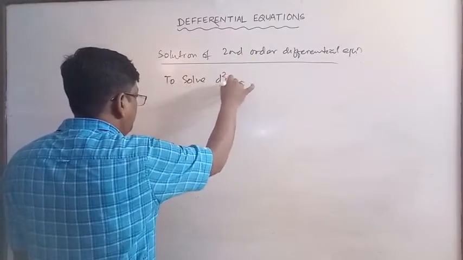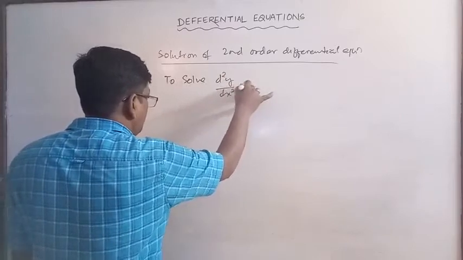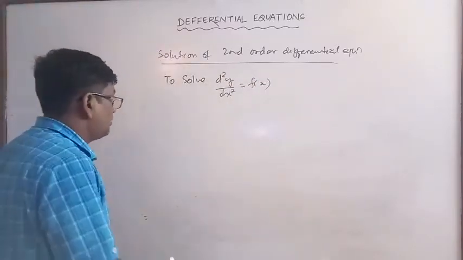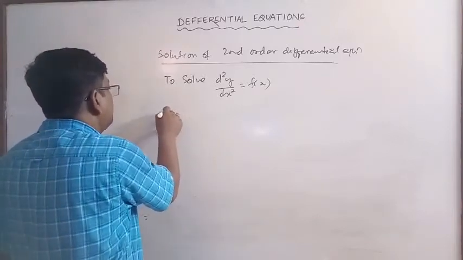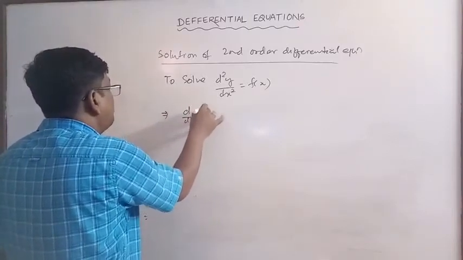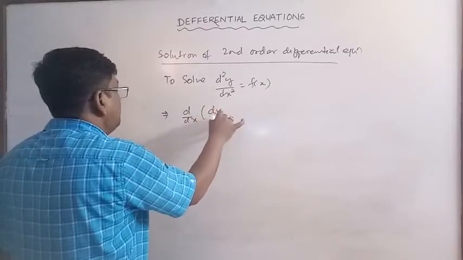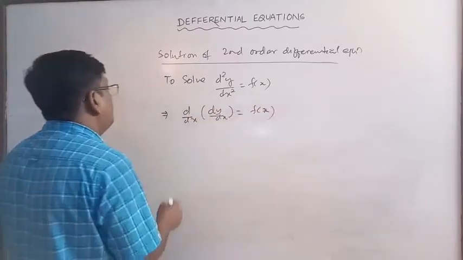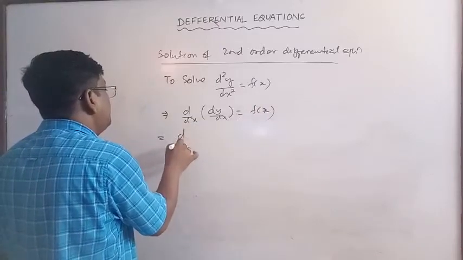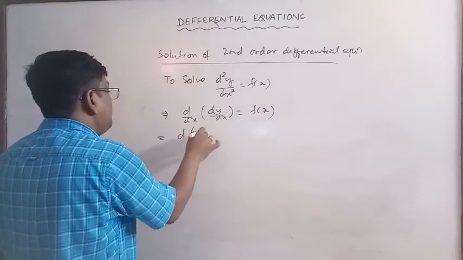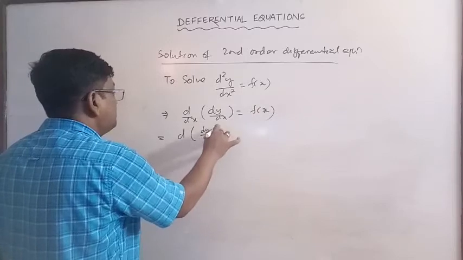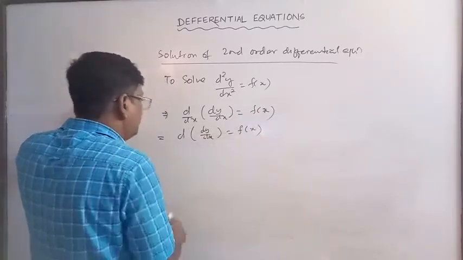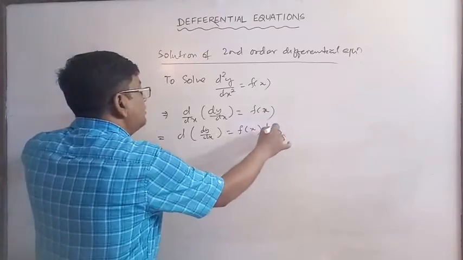To solve d square y by dx square is equal to f of x, the procedure is what we can write: d by dx of dy by dx is equal to f of x, or d of dy by dx is equal to f of x dx.